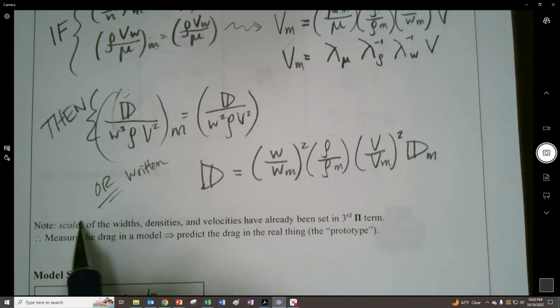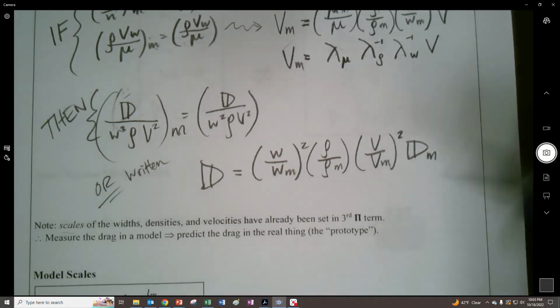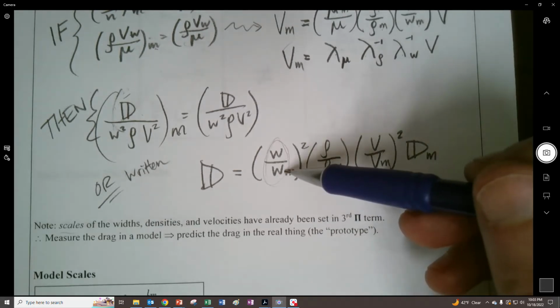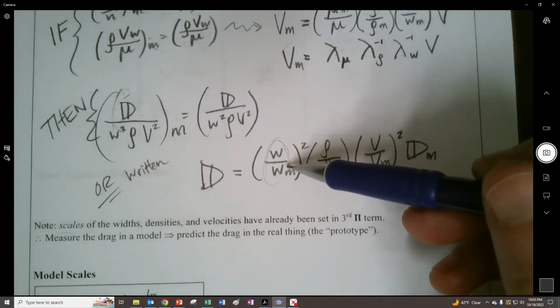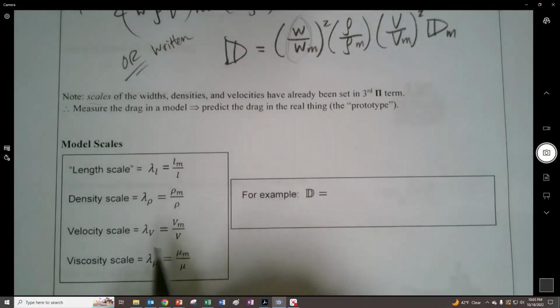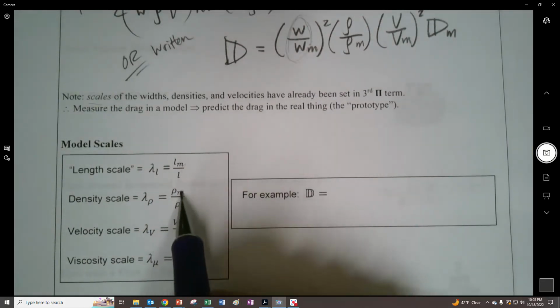So these are scales, right? These are different scales, but the most important scale is usually this one right here, though this is actually the inverse of what we typically think of as the scale. Here's what we consider the scales. We usually have the model on top.